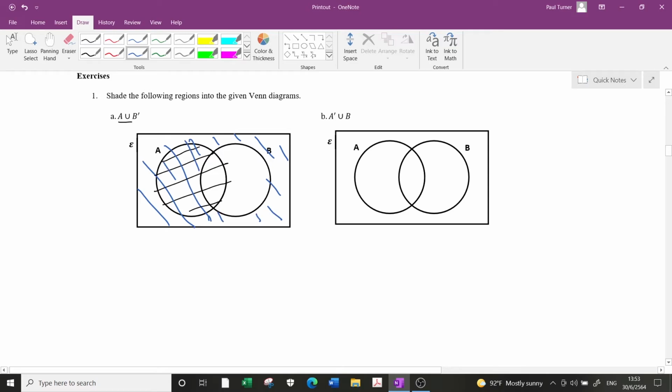And union means anything. Anything that you've colored in is good. So your answer is all of this. Remember, not intersection, union. So anything altogether that you've colored is good, is part of the answer. So that would be the answer to question 1.